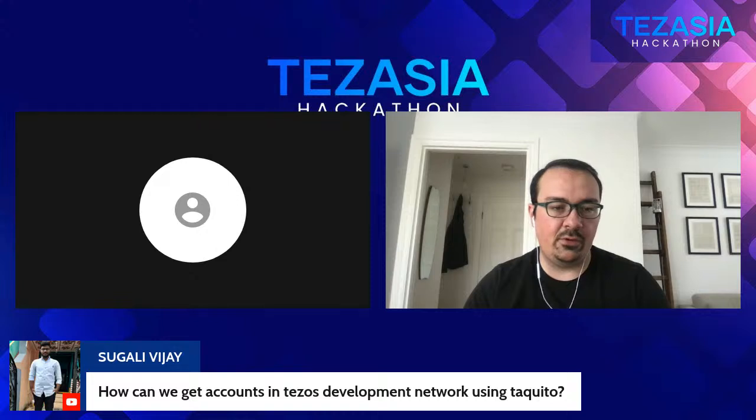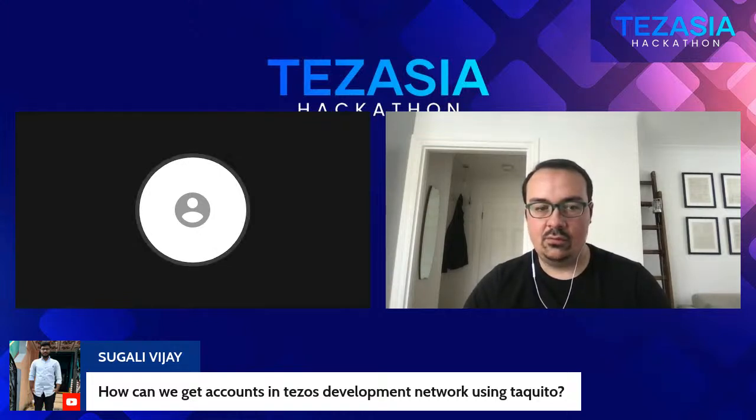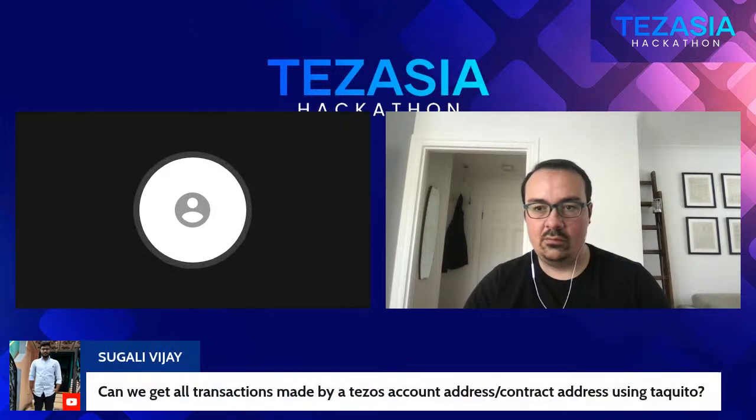I don't know what kind of information you would like to get about the account, but it's possible to get the balance of the account. It's also possible, if the account is registered in Tezos Domains, to get the Tezos domain name associated with the account.